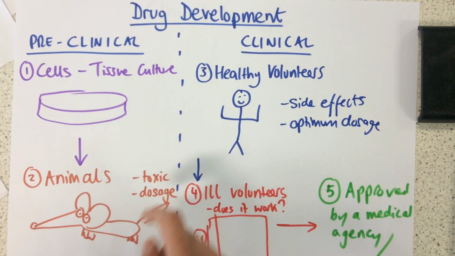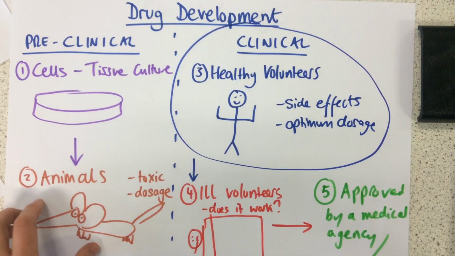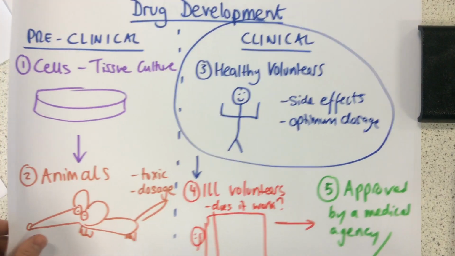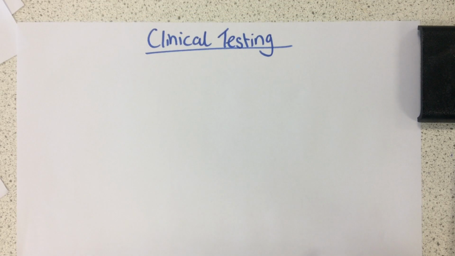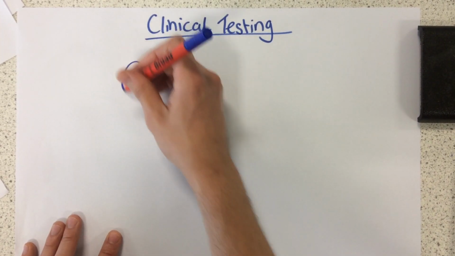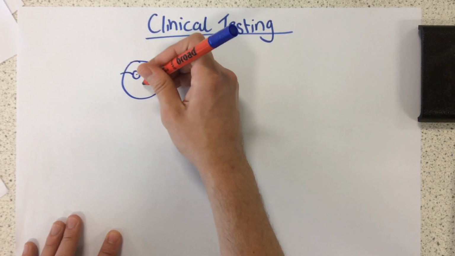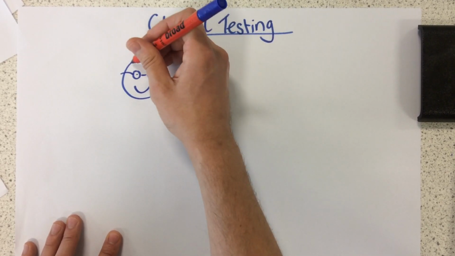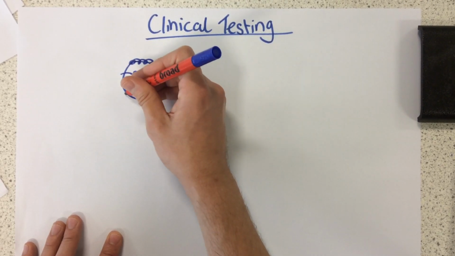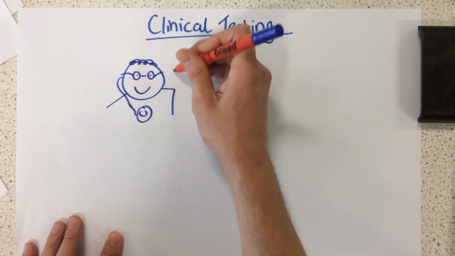However, we need to know a little bit more about this stage here, about clinical trials. How do they work? So, clinical testing works a bit like this. So you have a doctor. So here's our doctor right here. And what they do is they have two different groups, okay?